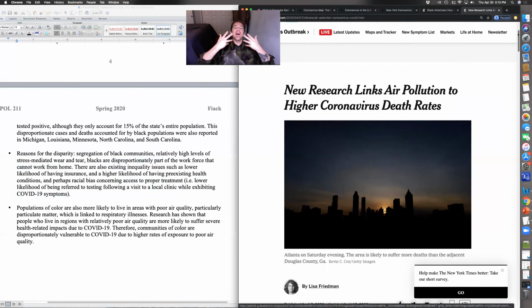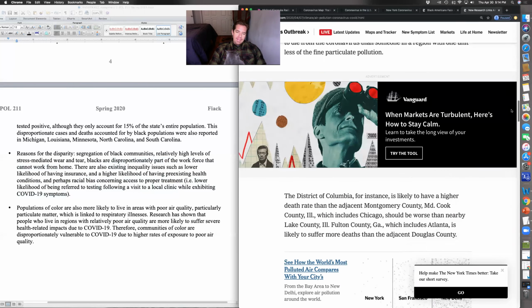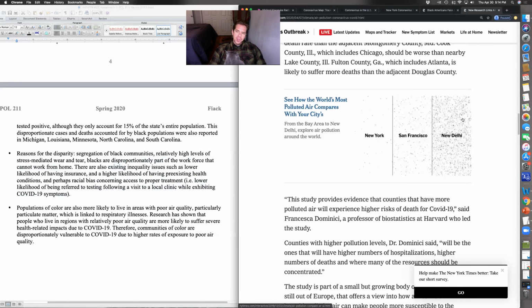And if you're breathing in that air, you're more likely to have respiratory problems because you have just congested lungs, right? And then you get coronavirus, and it's much worse for you than someone who has better air quality, right? And so this article talks about that. Here it shows New Delhi as a particulate matter comparison versus San Francisco versus New York.